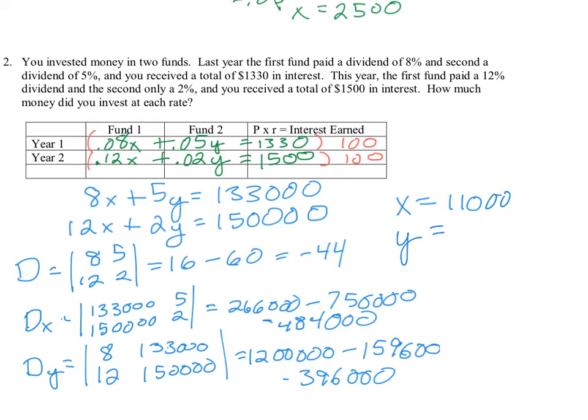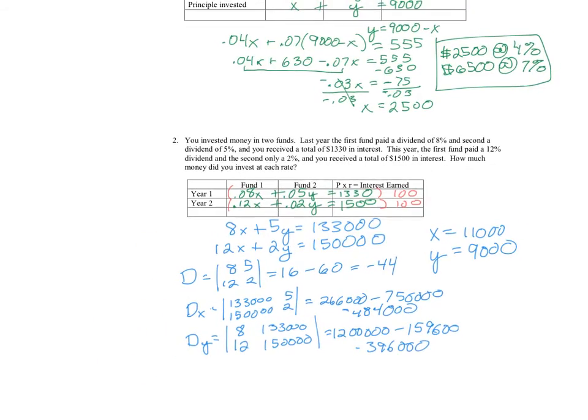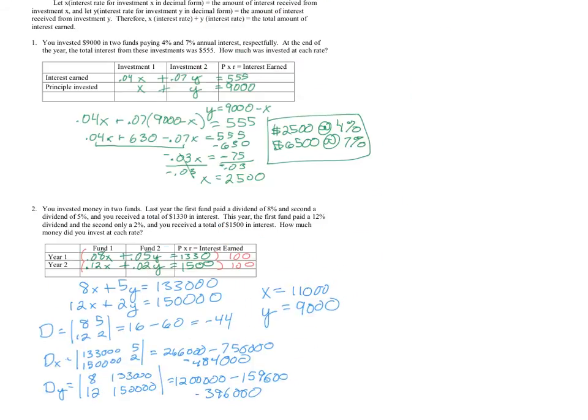Y is our 396 with 3 zeros. And we're going to divide that by 44. We get 9,000. So that's how much I invested in each fund using Cramer's rule.